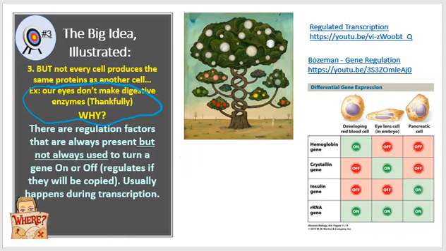Your heart cells don't make melanin that controls the pigment in your skin. And that's okay. But the factors that do control what genes are expressed in a cell are called transcription factors, regulation factors we're going to get into. They're not always used. So there are large patches of the DNA strand that aren't used.